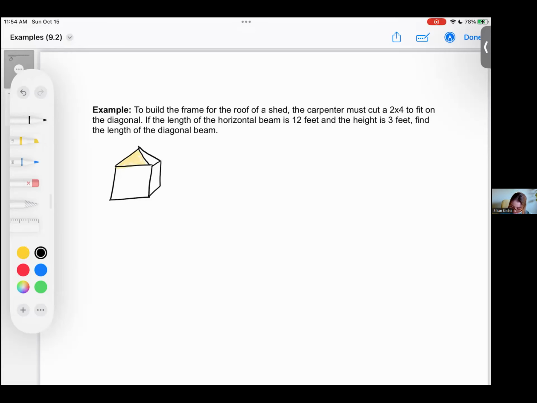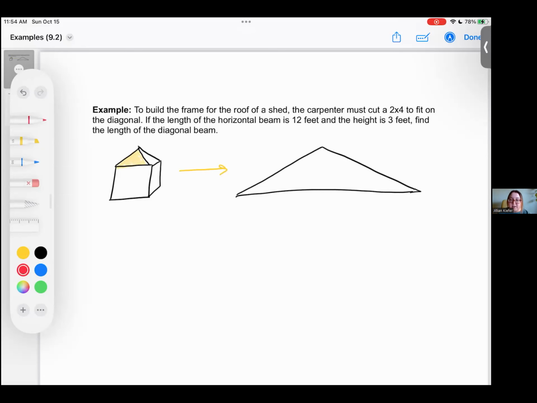So we're going to go ahead and isolate that portion. We've got our roof. Probably looks something along this line here. And then we're given some information.